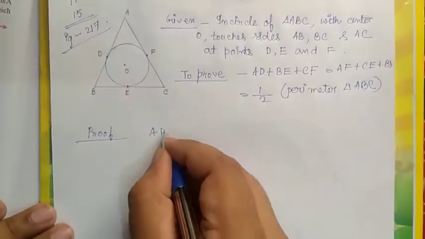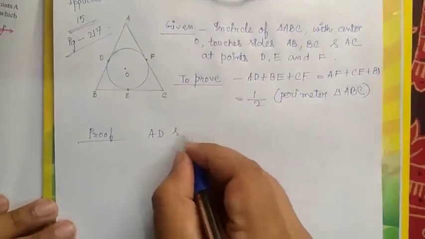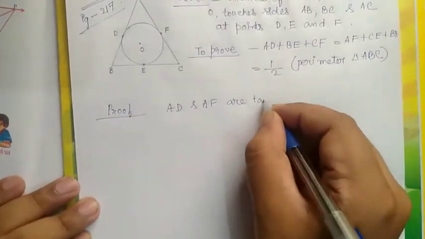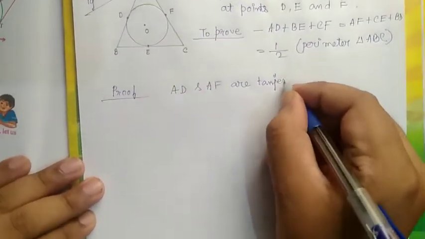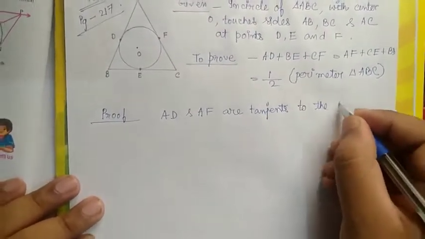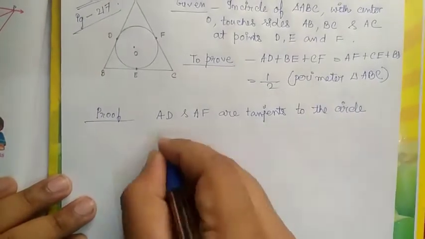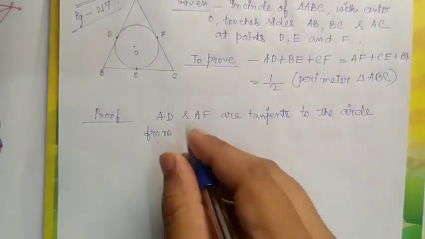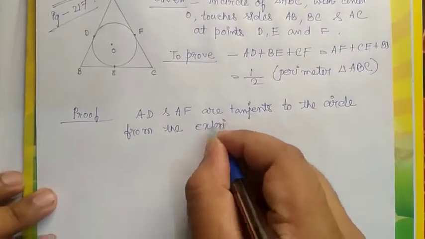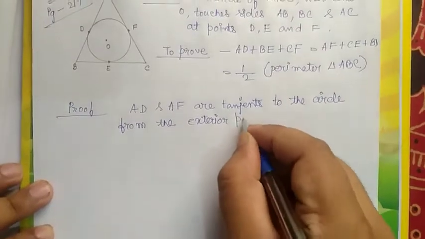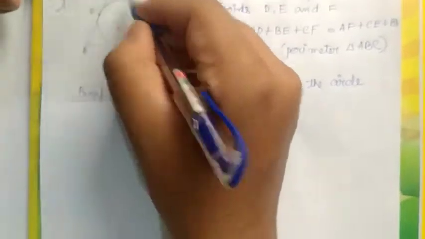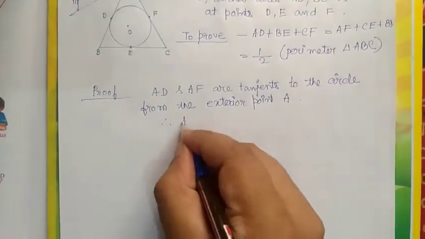AD and AF are tangents to the circle from the exterior point A. So therefore we know AD equal to AF.